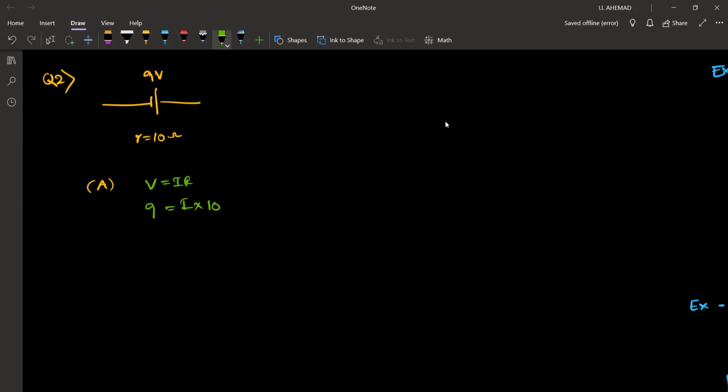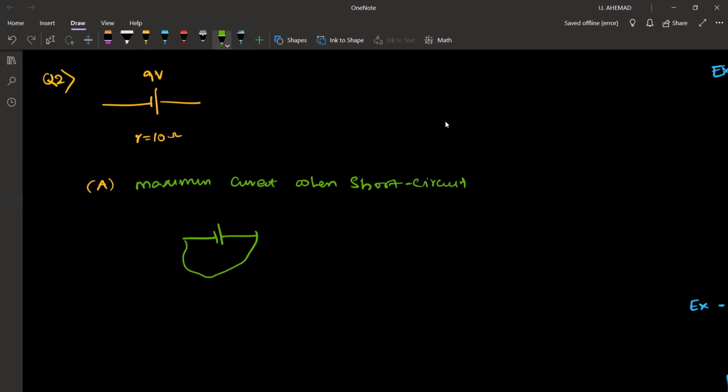When we short circuit, let's mention it: maximum current when short circuit. So if we short circuit, 9 volt, R is equal to 10. So let's find the current. I is equal to 0.9.